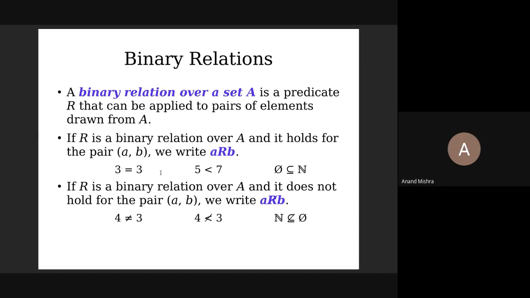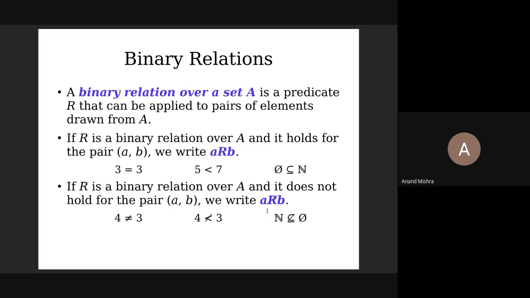For example, 3 is equal to 3, 5 is less than 7, and A is a subset of B. These are examples of A R B. What is A here? The left hand side is A, the right hand side is B, and the middle one is R. If R is a binary relation over A, like is-friend-of over your class, and it does not hold for the pair A, B, then we write that A is not related to B, and we cross out the R like this.